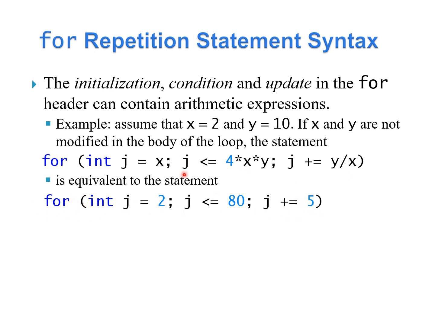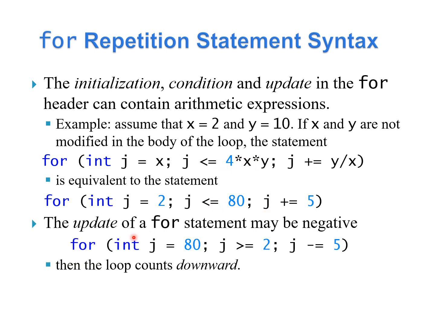So in other words, instead of writing j equal to 2, you can write j equal to x in the initialization. And in the condition, instead of writing j is less than or equal to 80, you can write j is less than or equal to 4 times x times y. And so here, instead of writing j plus equal 5 in the update action, you can write j plus equal y divided by x. In that case, the program will evaluate the arithmetic expression and then just perform the calculation as usual.